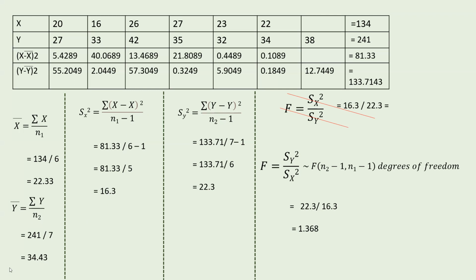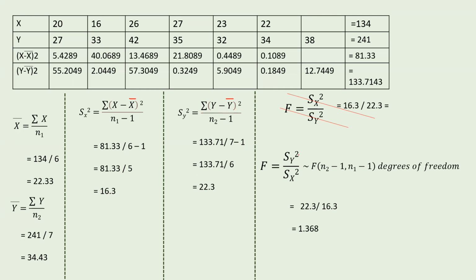Once we substitute here, this is X minus X bar the whole square. And Sy square is equal to summation Y minus Y bar the whole square, divided by N2 minus 1. If we substitute in this formula, we get the answer: Sx square is 16.3 and Sy square is 22.3.